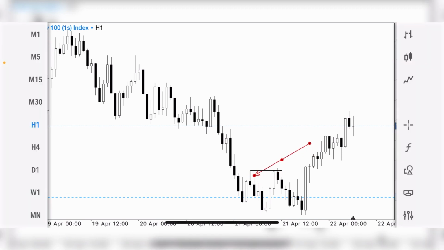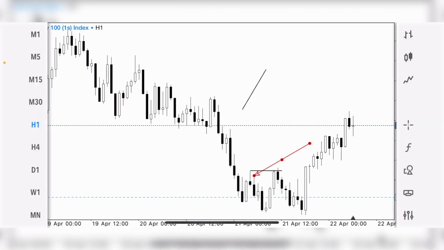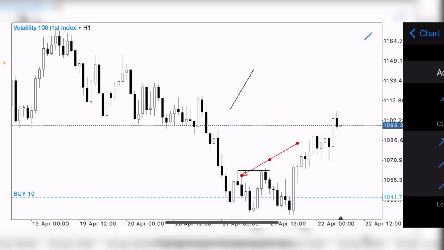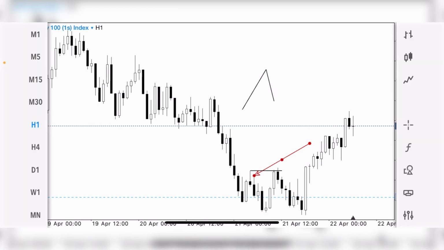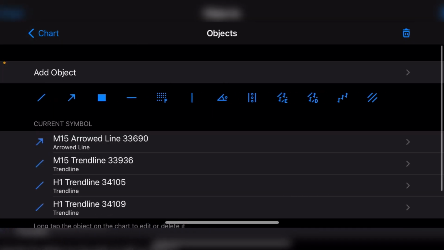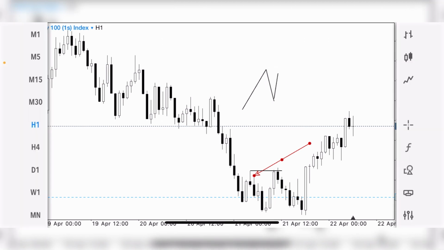Now remember, this is not an inducement when we have something like this, and market does not break this high. If market does not break this high, then we come back this way.